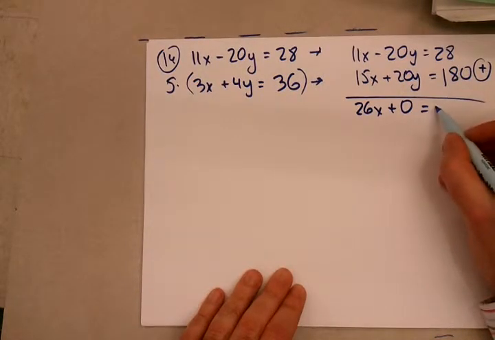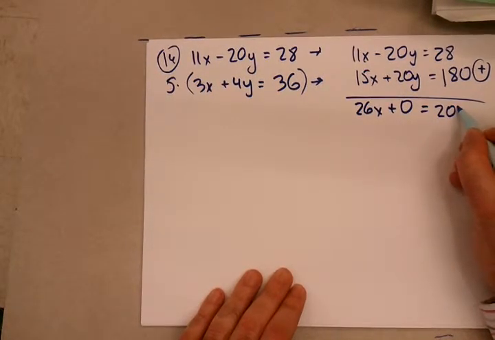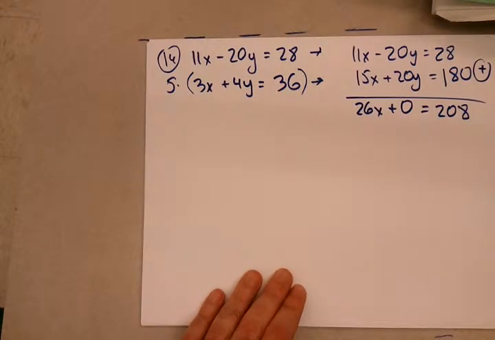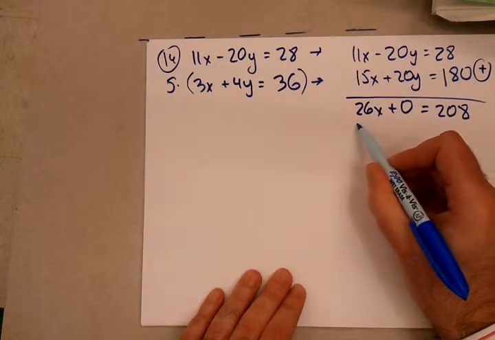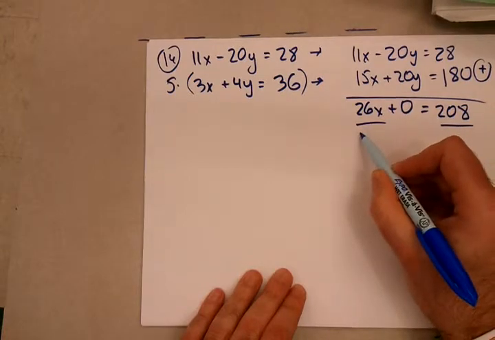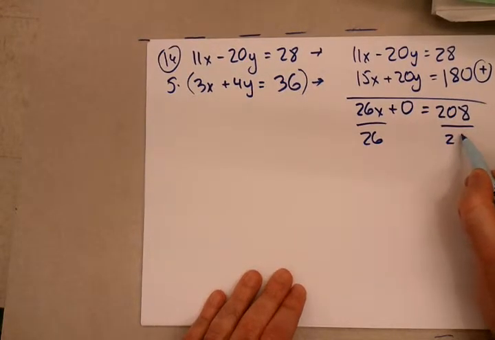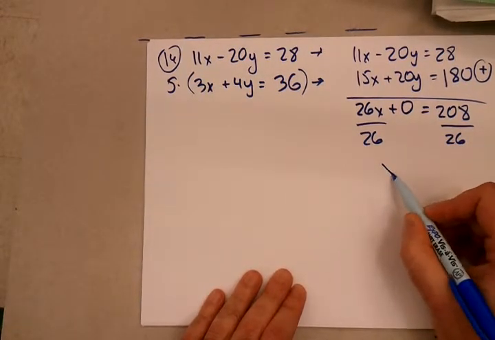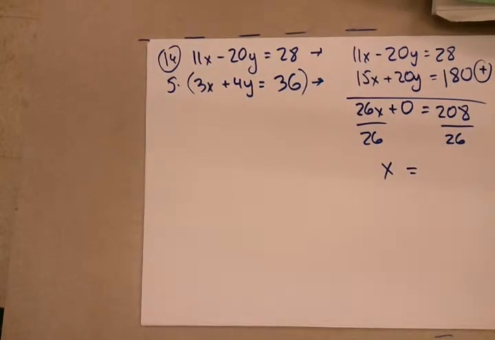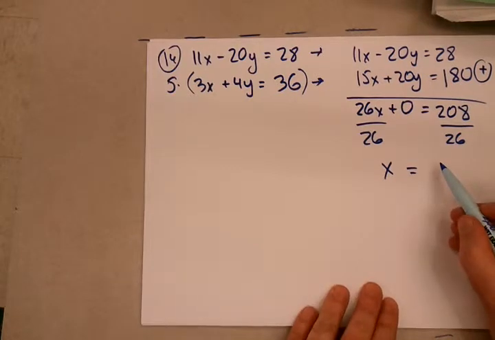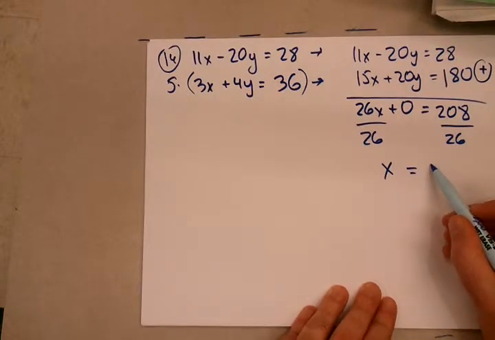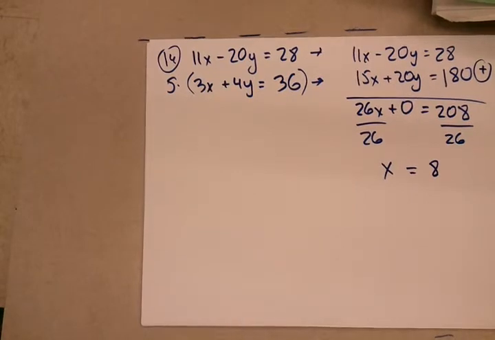And that is going to be 208. Yes. Then to solve for x, we are going to divide both sides by 26. And 208 divided by 26 is going to be an 8. You can use long division to get that, but however it works out for you.